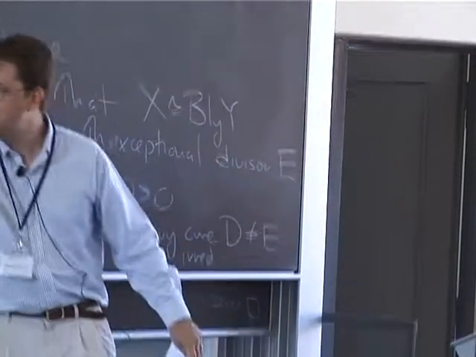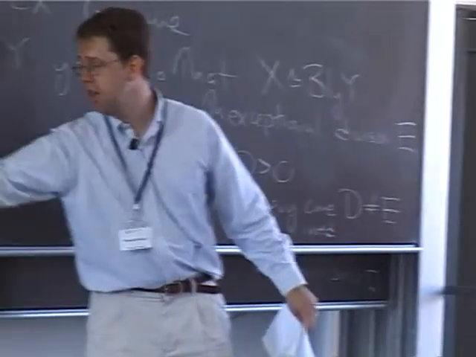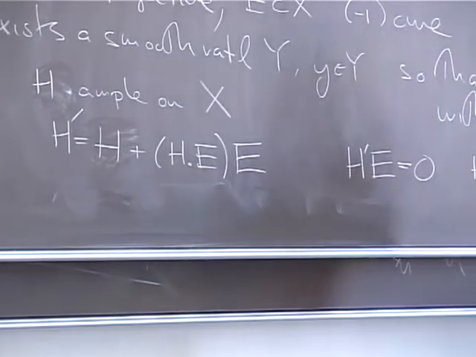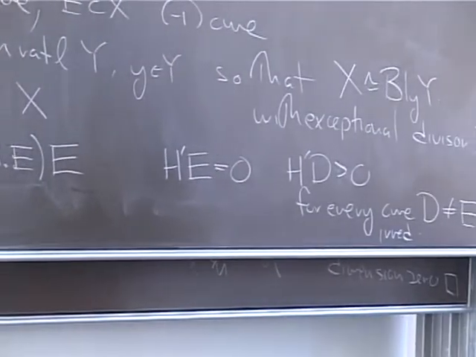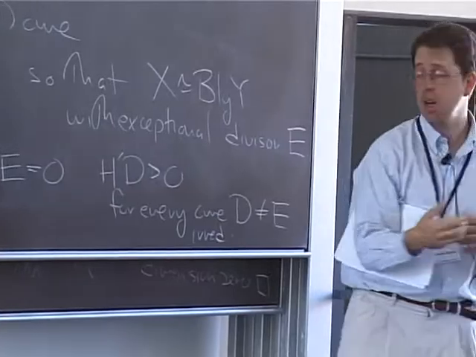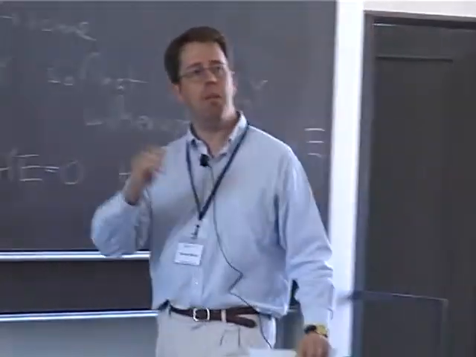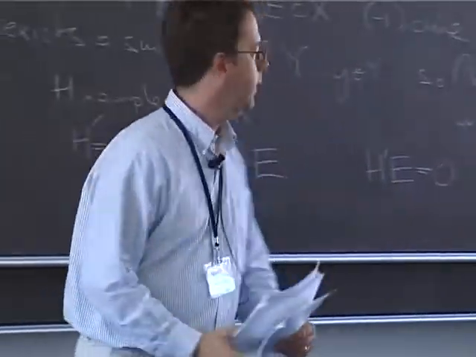So we know that h meets every curve not e positively. E meets every curve that's not e positively, because any two effective divisors with distinct supports intersect positively. So we have that this is positive. So this is almost ample in some sense.